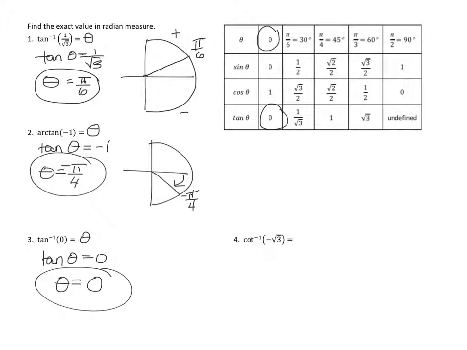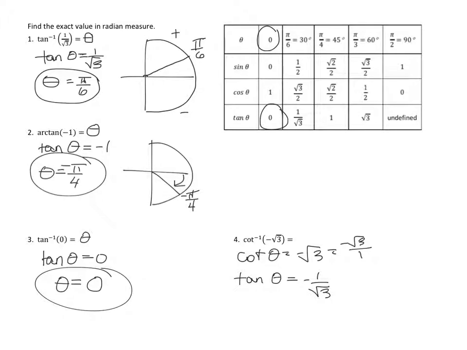Okay, for number 4, we are looking for cotangent. This is the reciprocal, so we can rewrite it: the cotangent of theta equals -√3. Now we want to go through tangent first. Remember cotangent is -√3, and you could put that over 1. If you flip it, the tangent would equal -1 over √3.